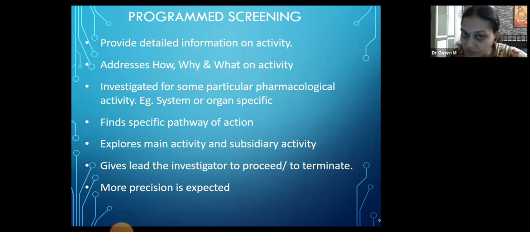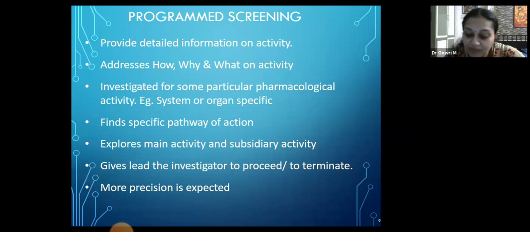So we have three types of screening: simple screening, blind screening, and programmed screening. In simple screening, we know the relative action of the drug, so we will just be confirming whether it has this particular activity or not. In blind screening, we do not know the activity of the drug. It is a new drug, so we will randomly check what all activities it has.